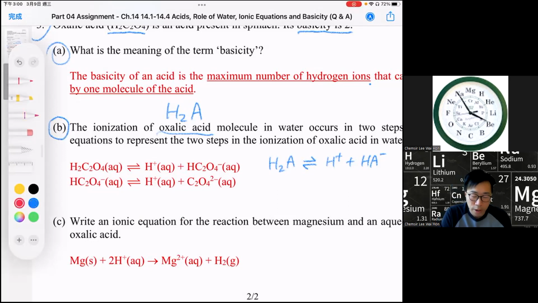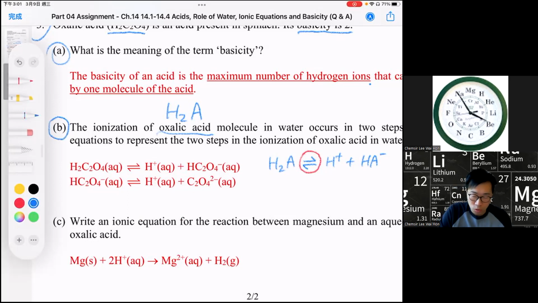Here, you must be very careful. Oxalic acid is a weak acid. The ionization is not complete. So you must write this reversible sign to represent the change.